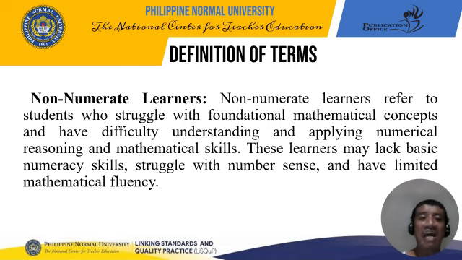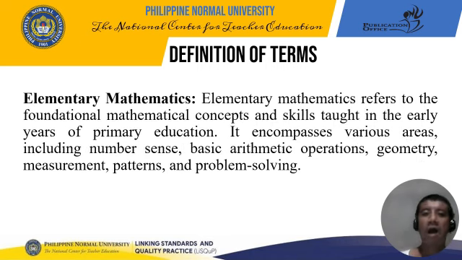Non-numerate learners are students who struggle with foundational mathematics concepts and have difficulty understanding and applying numerical reasoning and mathematical skills. These learners may lack basic numerical skills, struggle with number sense, and have limited mathematical fluency. Elementary mathematics refers to the foundational mathematical concepts and skills taught in the early years of primary education.